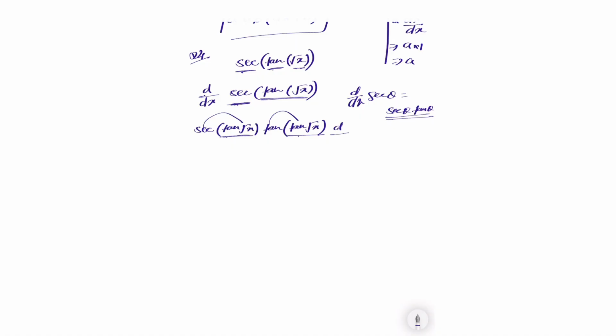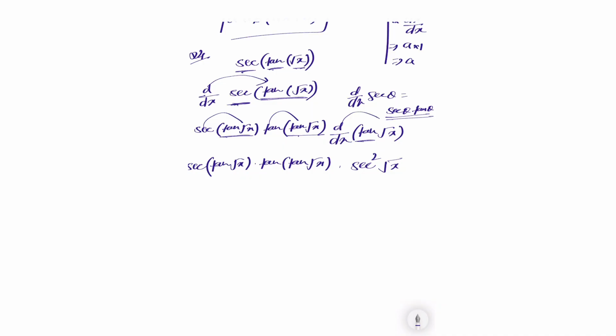Now apply the differentiation at the second gate, d/dx of tan root x. Now sec(tan root x) as it is, into tan root x d/dx of tan. Yes, d/dx of tan theta is sec square theta, that is sec square root x.